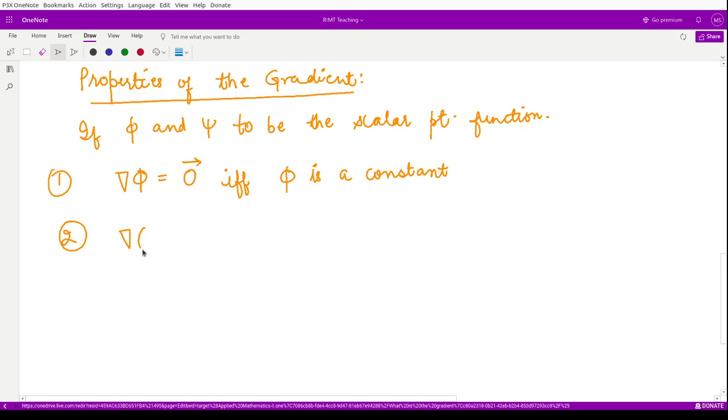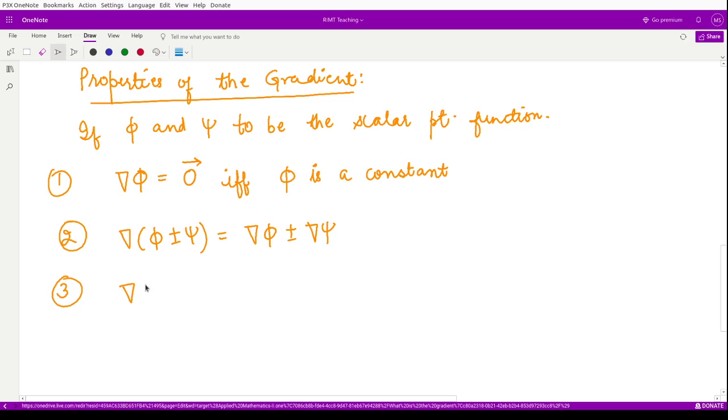Next, the gradient of phi plus minus psi. This is equal to the gradient of phi plus minus the gradient of psi. That means if you add or subtract two scalar point functions first and then apply the gradient, that is equivalent to applying the gradient individually on the two scalar point functions and then adding or subtracting them.